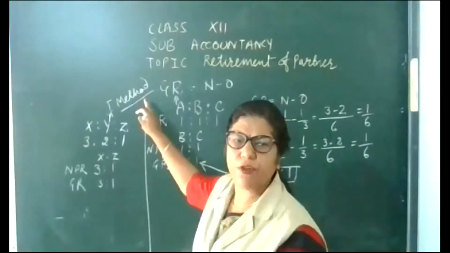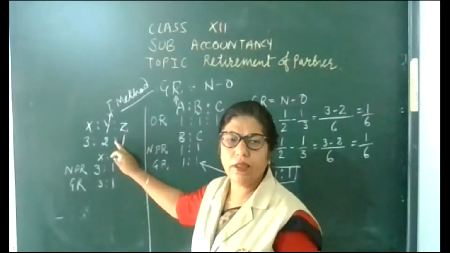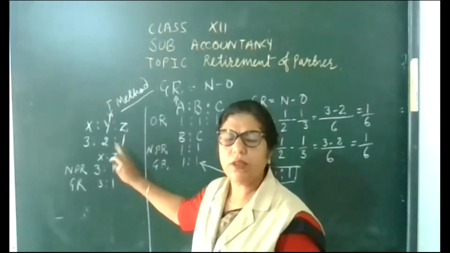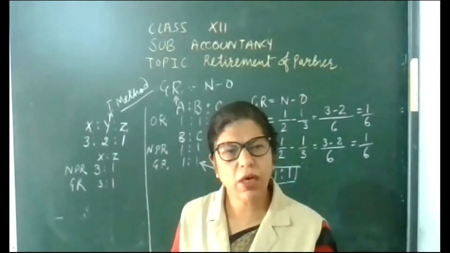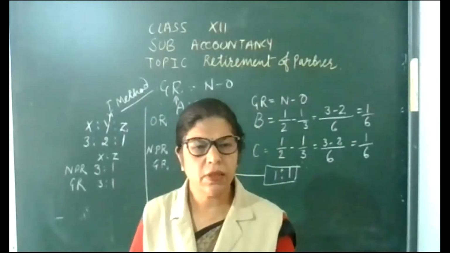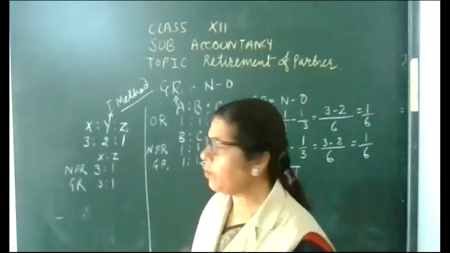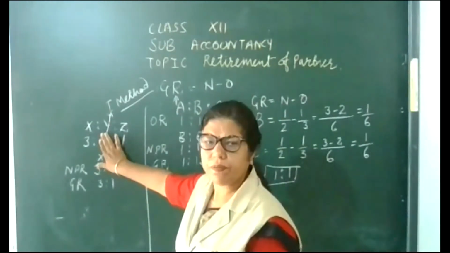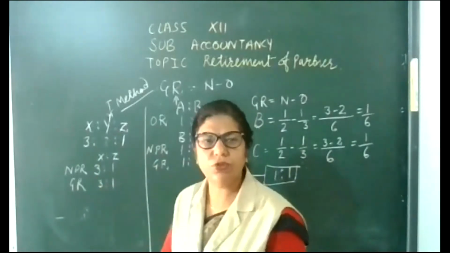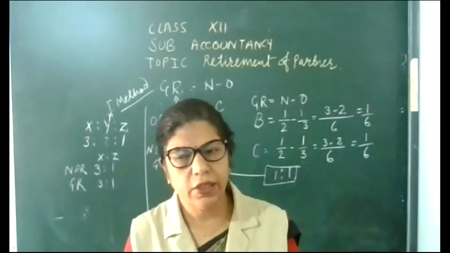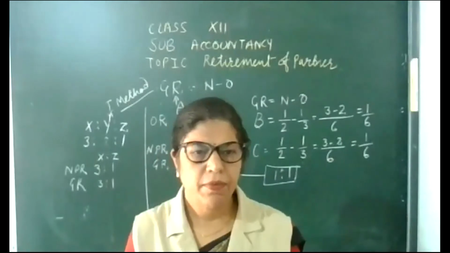See here, 3, 2, 1 was their share and Y is going out. Who are the remaining partners? X and Z. What will be their new ratio? 3 is to 1. 3 is to 1 will be their gaining ratio as well. Okay.